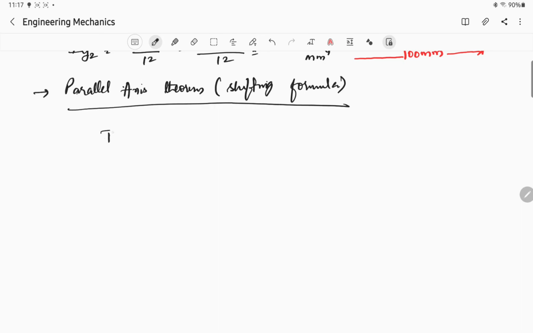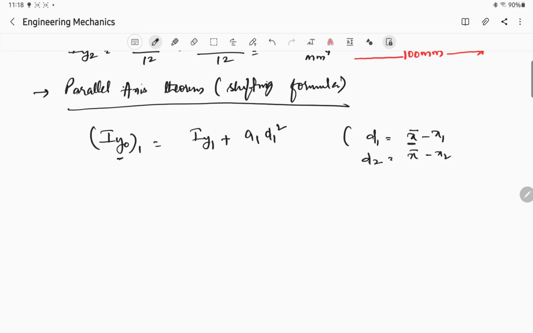So what is that? Iy naught of first element is equal to Iy1 plus A1 d1 square. What is d1 now? Since it is y here, we'll have d1 is equal to x bar minus x1. What about d2? x bar minus x2. Why are we taking x here? Because we are calculating for y.